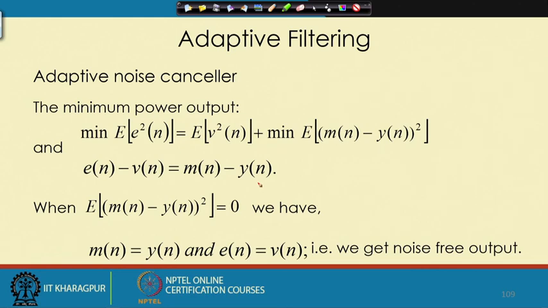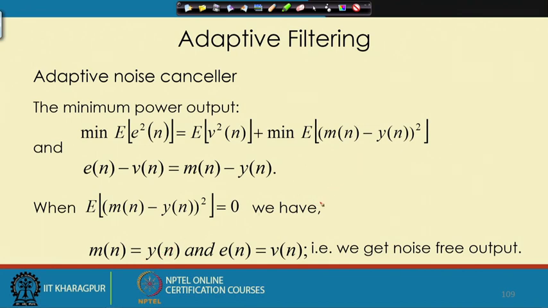So, if we can achieve this by minimizing the second term, the minimum value can happen to be 0, because we are taking the square, so it cannot be negative. So, the minimum is 0. In that case, we get Mn equal to Yn, which means there is no error there.